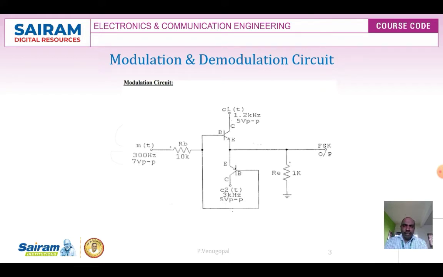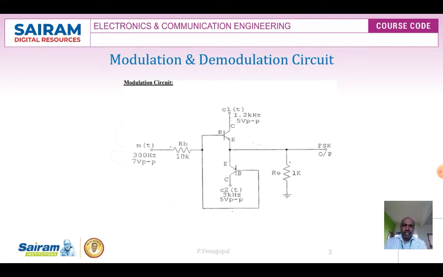So dear students, try to understand the modulation of the FSK. When a message signal is given to the base of the two transistors, you can select the low frequency for carrier 1 and high frequency for carrier 2. When the message is high, the NPN transistor is turned on and the PNP is turned off. By that time, the frequency of carrier 1 is transmitted.